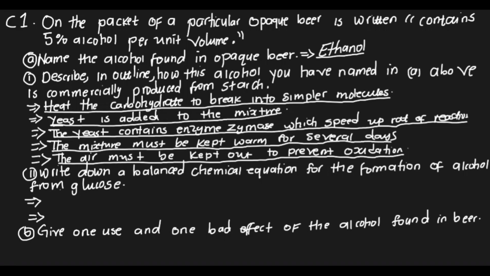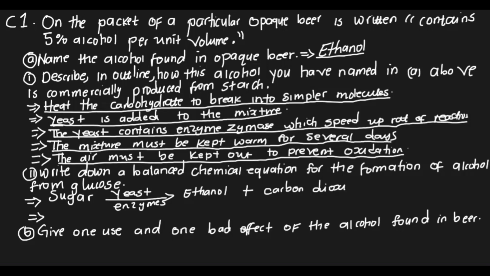We'll say sugar, which is glucose, is decomposed, or if you want we can show water, but we'll just use sugar, equals, then we need to add the yeast. We know that it contains the enzymes. Then this will give us ethanol plus carbon dioxide.